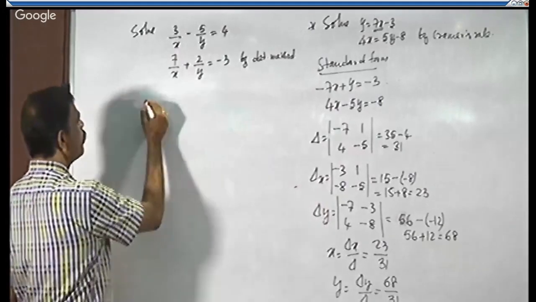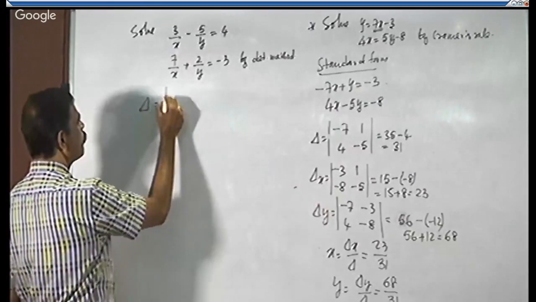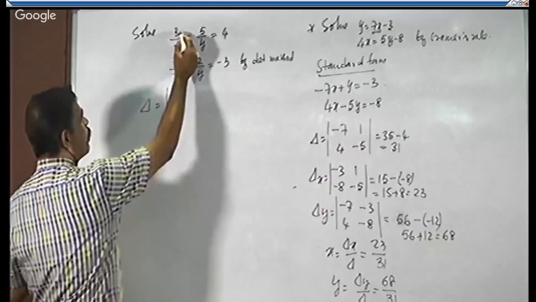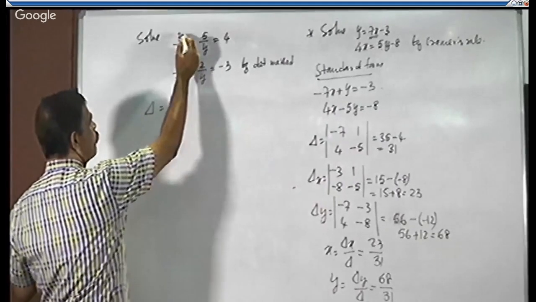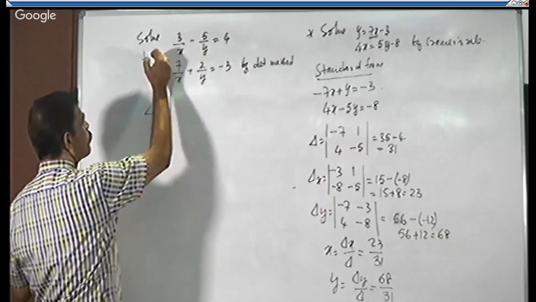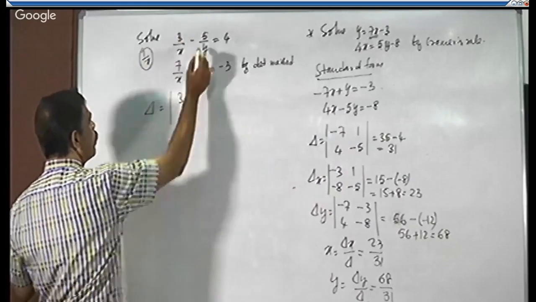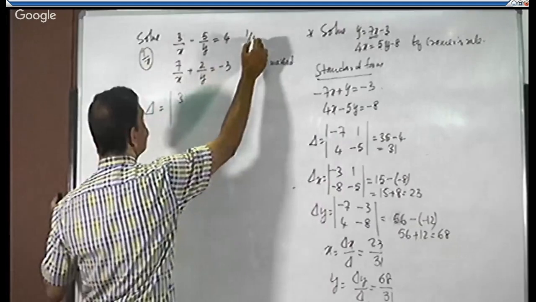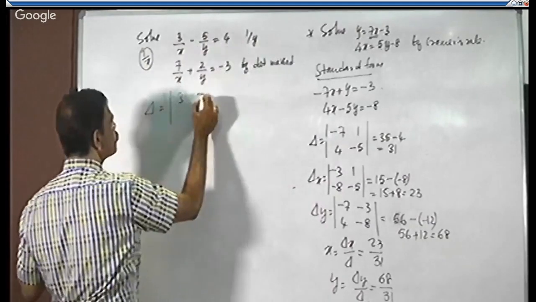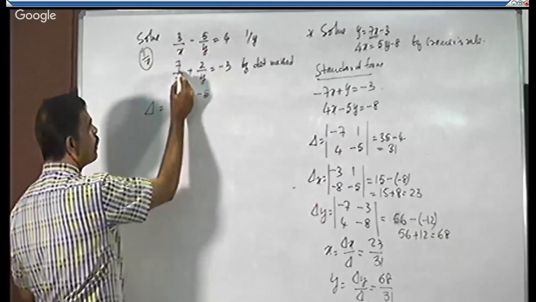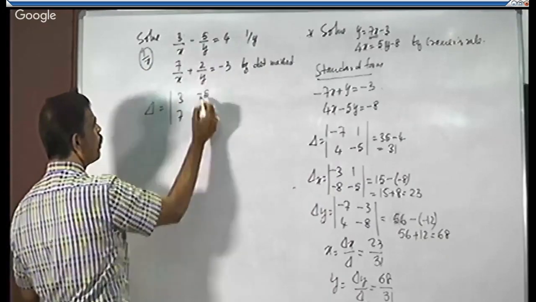See this. Delta is equal to 3 by x. What is the coefficient of 1 by x? If I leave 1 by x, what remains is 3. If I leave 1 by y, what remains is minus 5. In the same way, here 7, here 2.